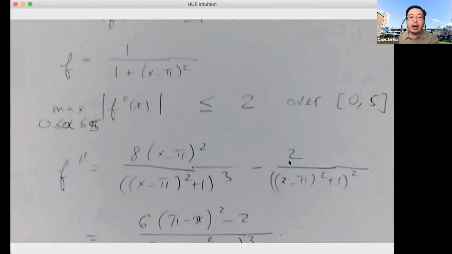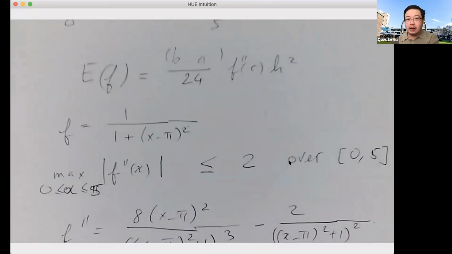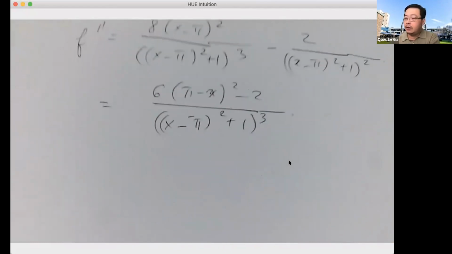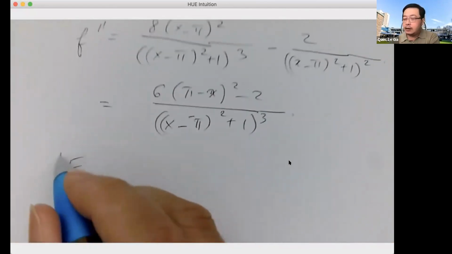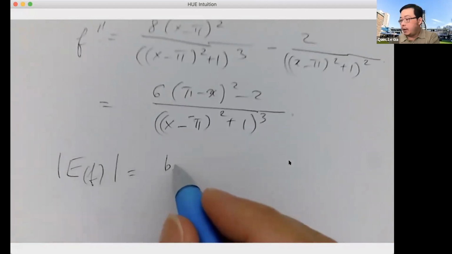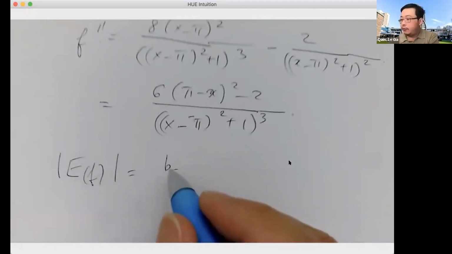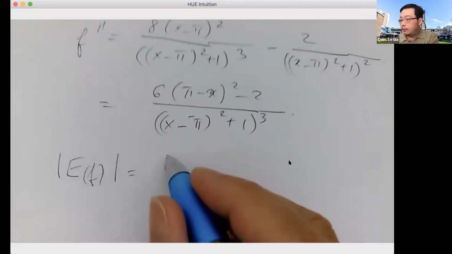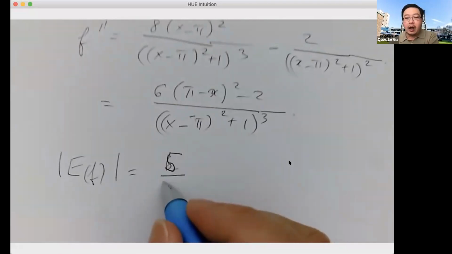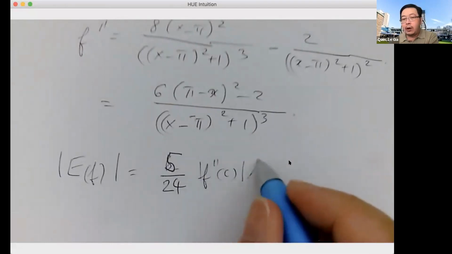So now what I'm going to do is plug it into the error. So the absolute value of the error will be, b minus a, maybe 5 minus 0, so just 5, so 5 minus 0 over 24 f double prime of c times h squared.